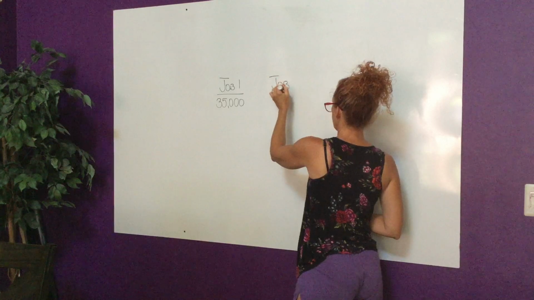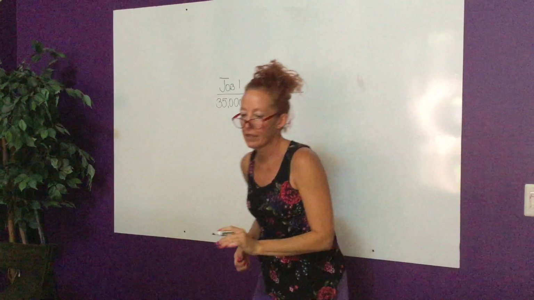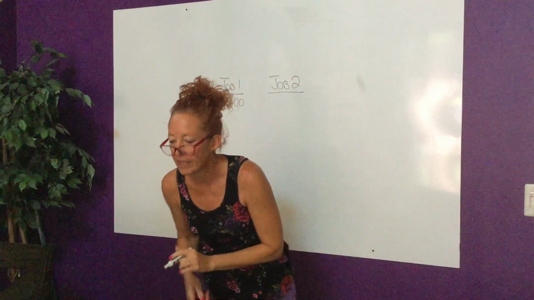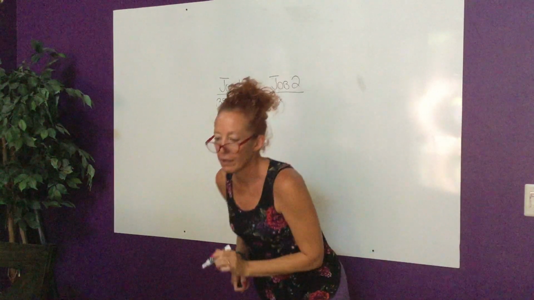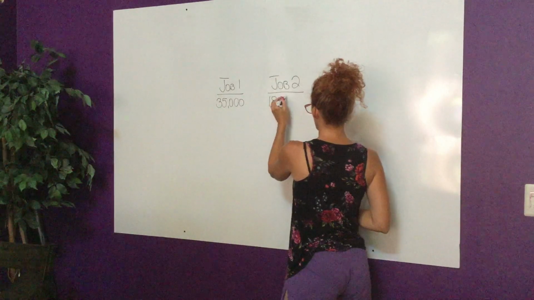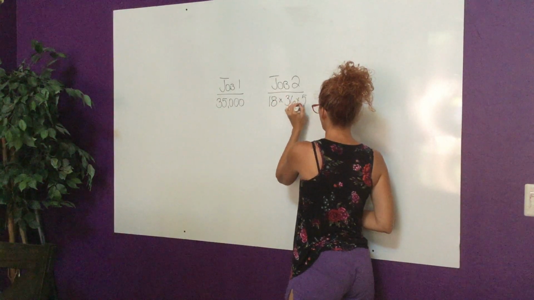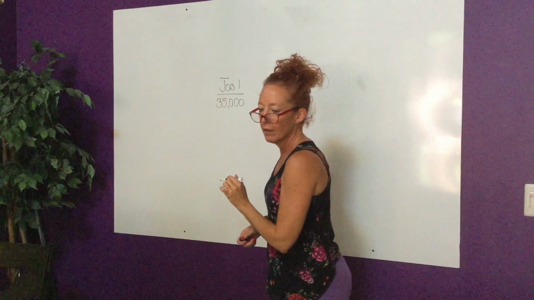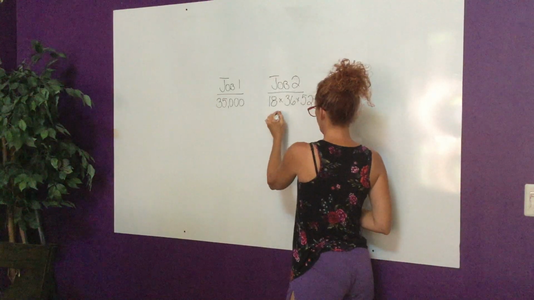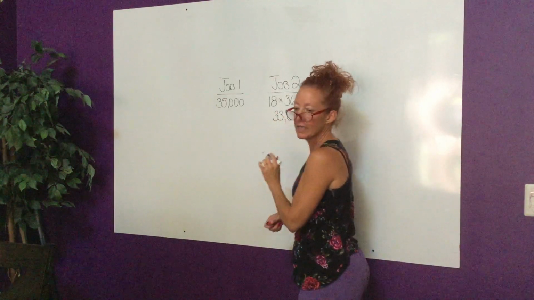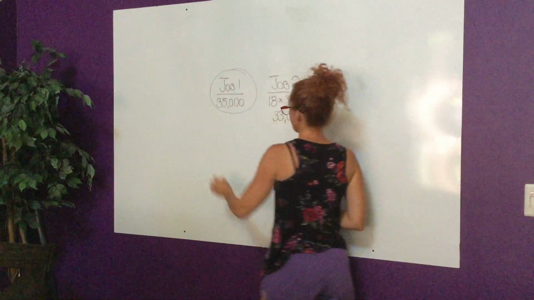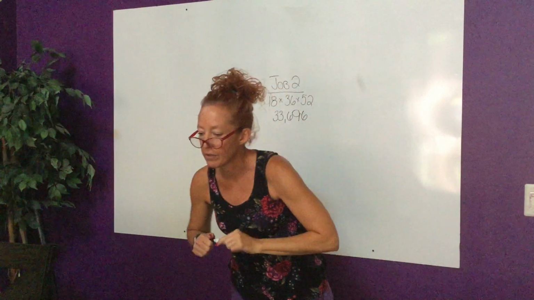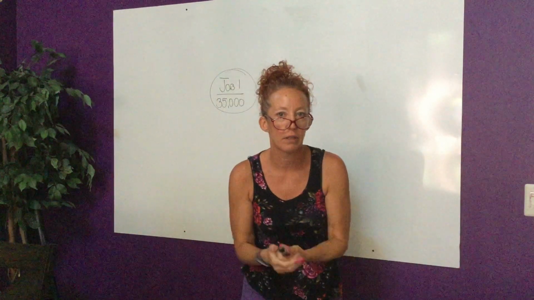Job 2 is $18 an hour, working every week for 36 hours, and there are 52 weeks in a year. So we end up with 33,696. It doesn't even matter because this number is less. So that number makes more, and that's all I ask you to do for that one.